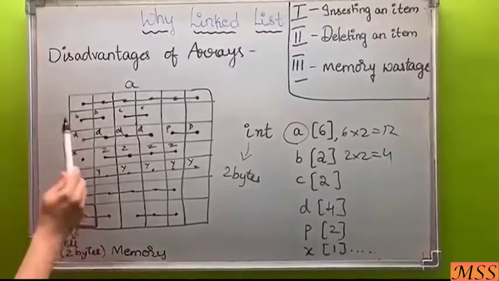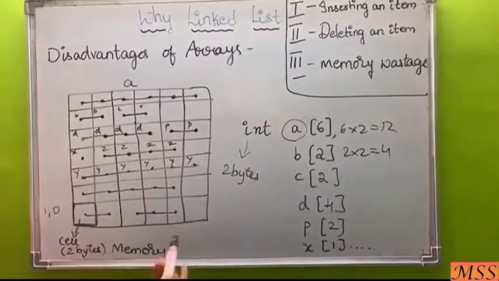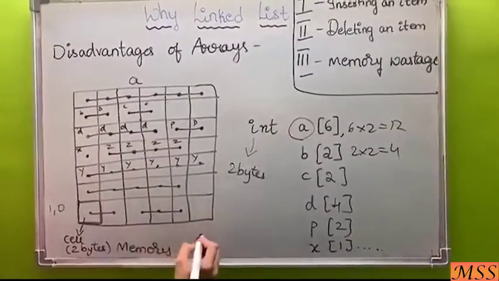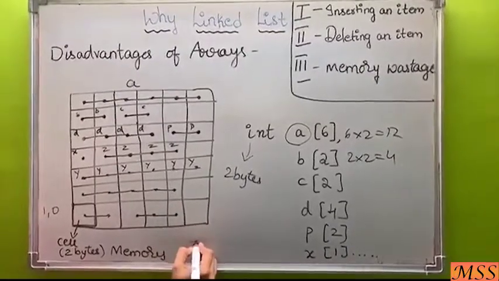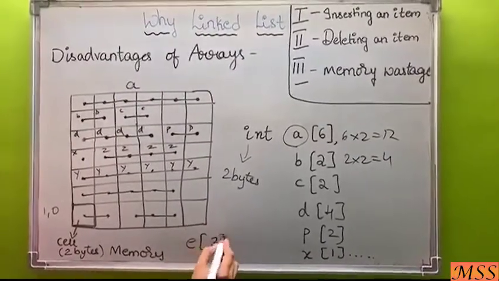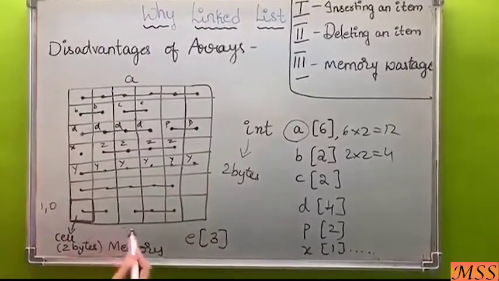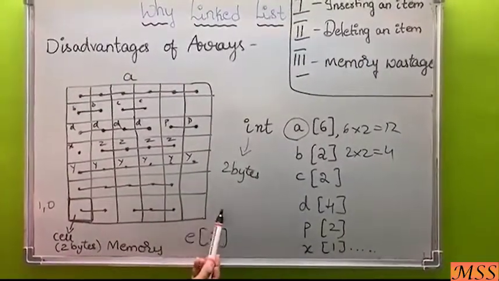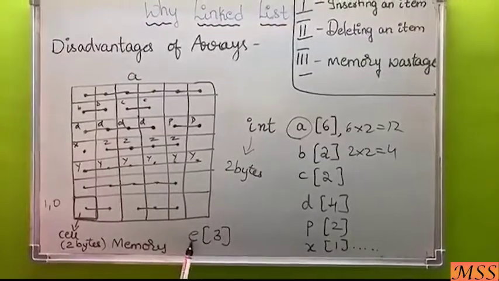After allocating the entire memory, suppose we declare e of 3. Here in this memory there is no contiguous allocation for this data item.